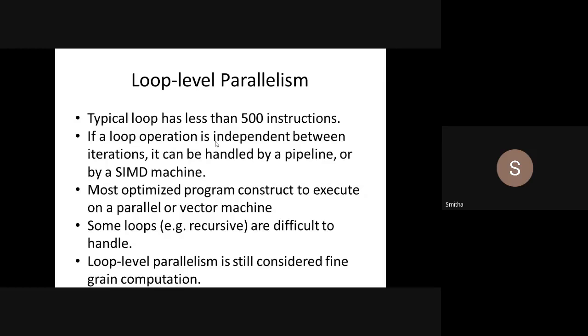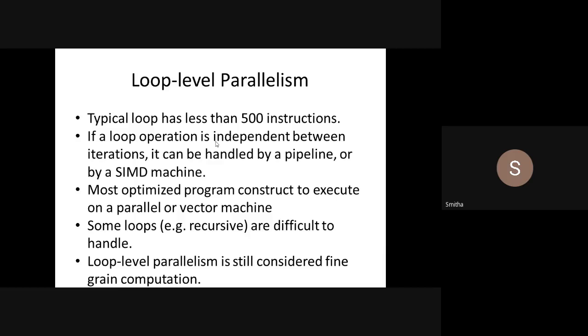What they are saying is, when we have a loop, inside the loop we can have any number of instructions. If those instructions are independent of each other, then we can feed them into a pipeline, meaning we can execute them concurrently, or use SIMD, single instruction multiple data. Because in a loop the instruction is the same, but the data will change in each iteration, right students?